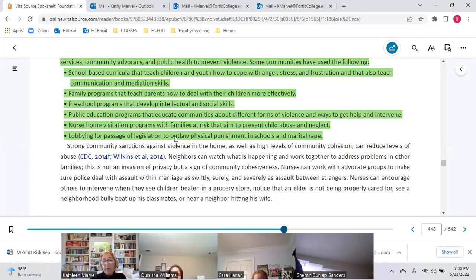Preschool programs that develop intellectual and social skills. And public education programs that educate communities about different forms of violence and ways to get help. Okay, nurse home visitation programs with families at risk that aim at preventing child abuse and neglect. 6 great primary prevention ideas here.